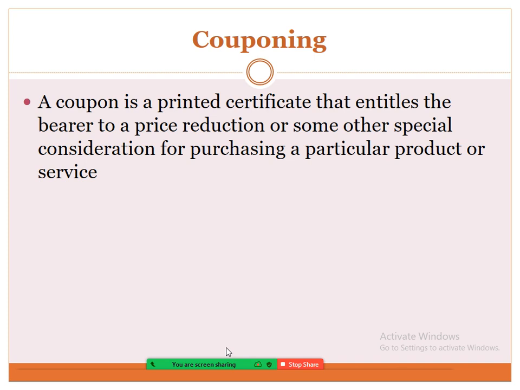Coupons are favorite promotional tools of consumer packaged goods companies such as Procter and Gamble and Unilever. The goal is to reward loyal customers and stimulate product trial by non-users. In the European Union, couponing is widely used in the United Kingdom and Belgium.